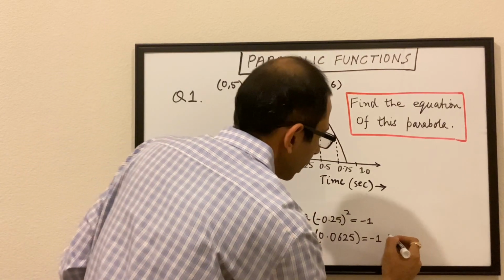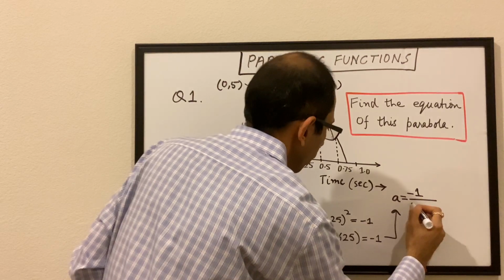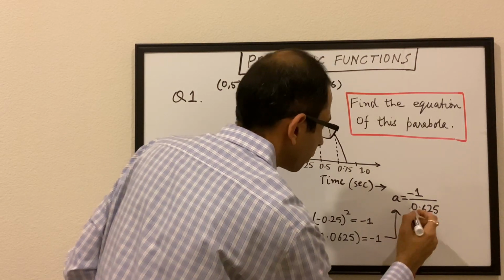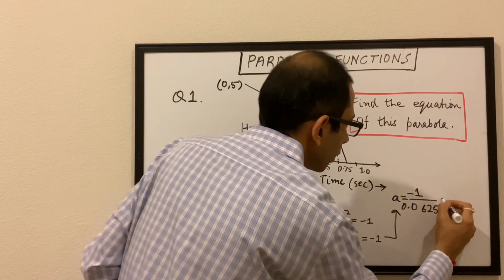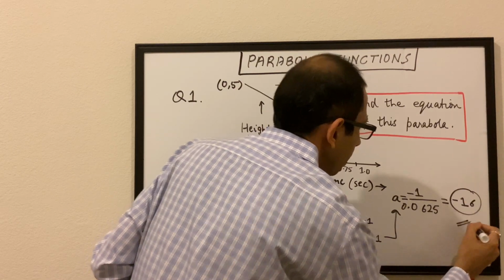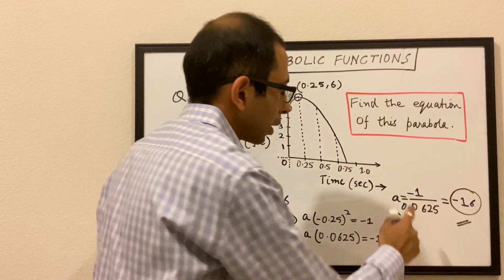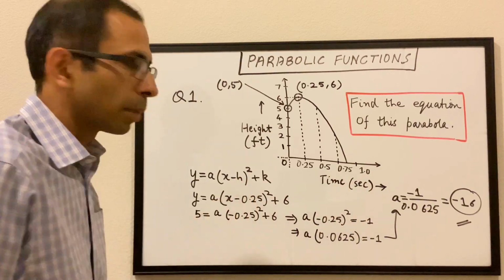And finally, we get the value of a as minus 1 over 0.0625, which is equal to essentially minus 16. I'm not going into the details of these calculations, but this will come out to be minus 16. So essentially, we got the value of a as minus 16.